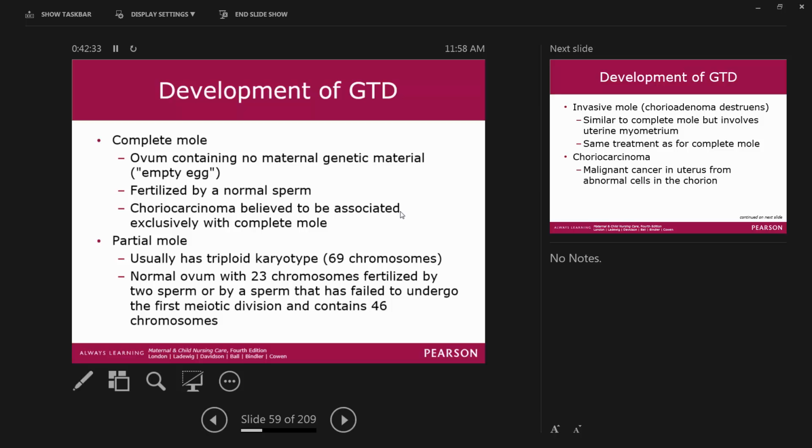Okay, do we get that? So the partial is we have a good egg, but we have 2 sperm getting that egg. So the 2 sperm having a total of 46 chromosomes, or we have 1 sperm that didn't do its meiotic division right, and it has 46 chromosomes.